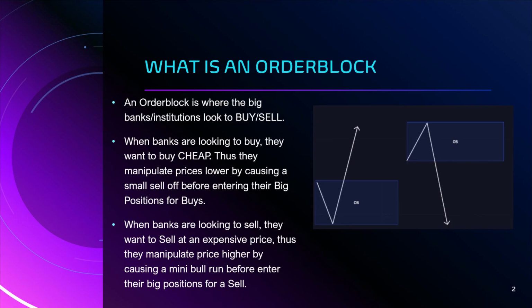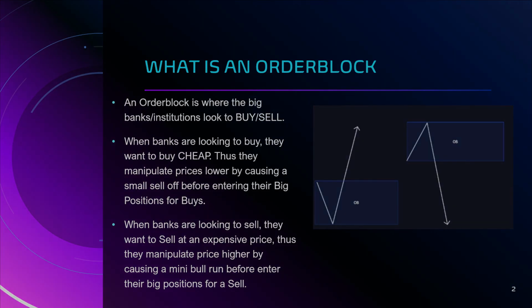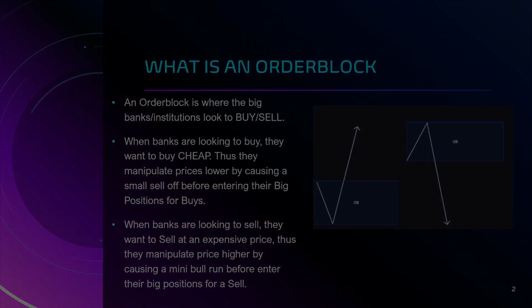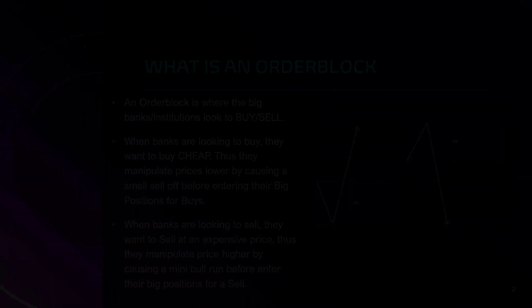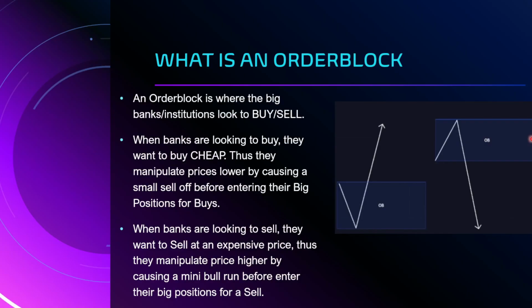Adversely, when banks are looking to sell, they want to sell at an expensive price, meaning they're going to manipulate price by putting in little buy orders along the way to keep pushing price up so that when price comes to an expensive level, they can put in a big sell order to bring the price all the way down.